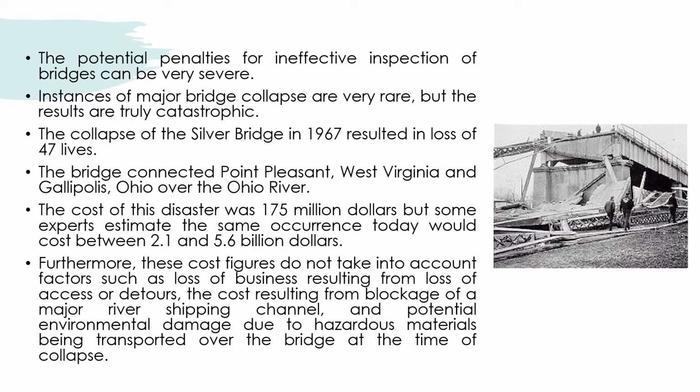So this Silver Bridge, connecting Point Pleasant of West Virginia to Gallipolis of Ohio over the Ohio River, collapsed in the year 1967, and that resulted in the loss of 47 lives.